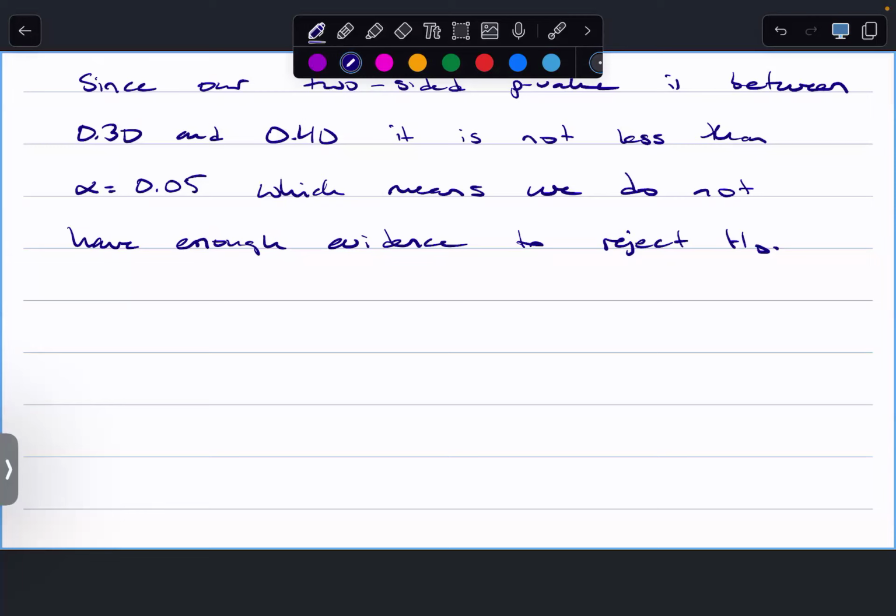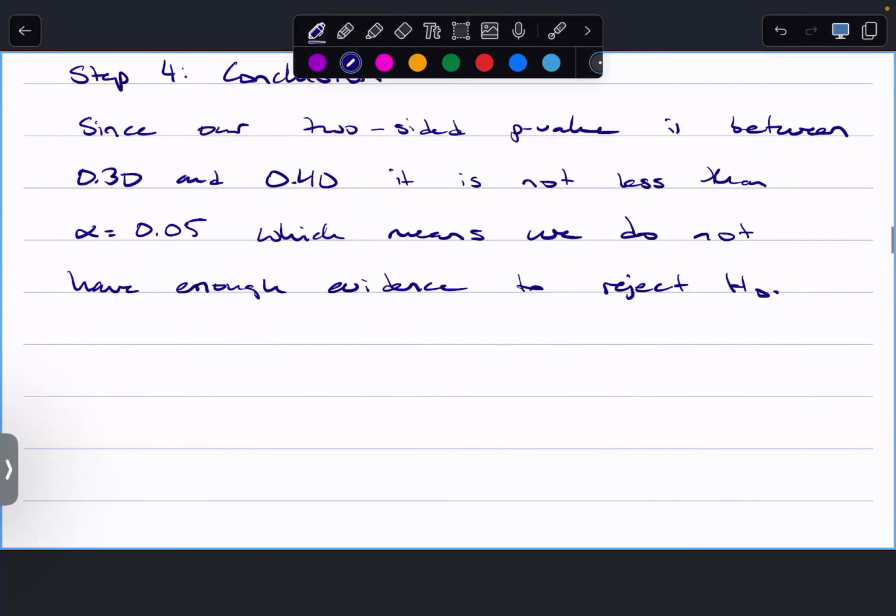That conclusion always has to be in terms of H naught, right? You either have enough evidence to reject H naught or you don't, because we did all our testing assuming that H naught was true until I found proof otherwise, right? And so it has to be in terms of H naught. And so we don't have enough evidence to reject H naught, which means what?